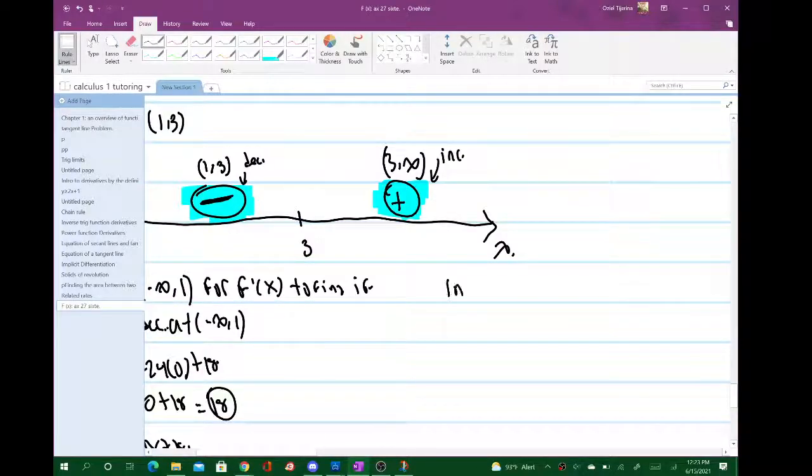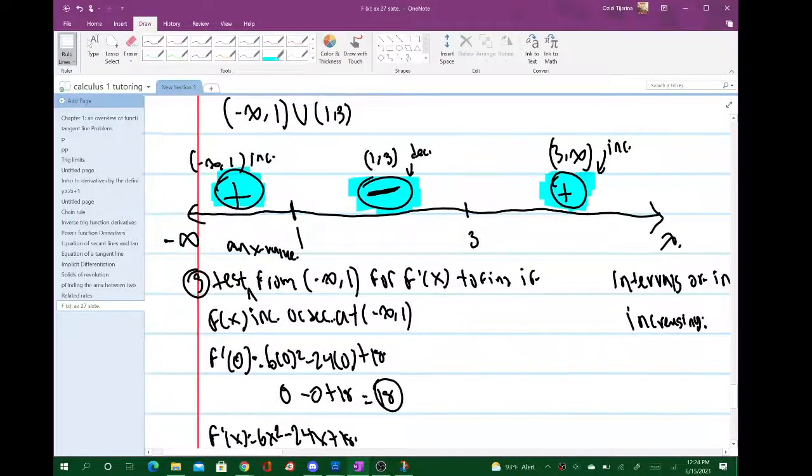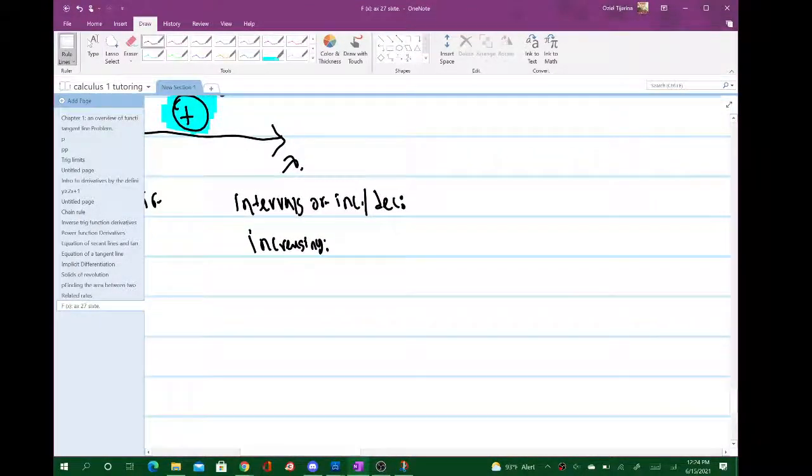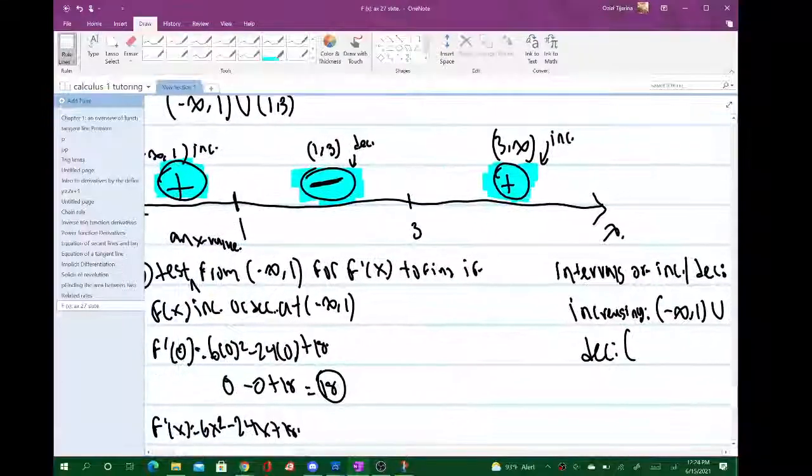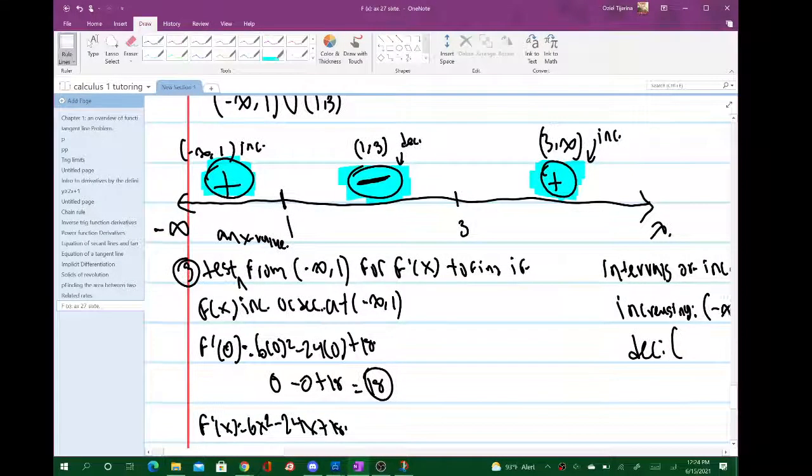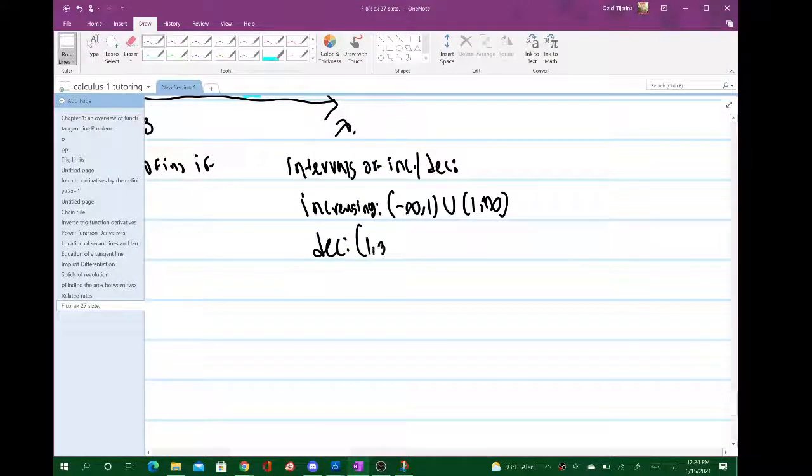So the intervals of increase or decrease: it is increasing from negative infinity to 1, union 3 to infinity, and it is decreasing from 1 to 3. So these are the intervals of increasing and decreasing.